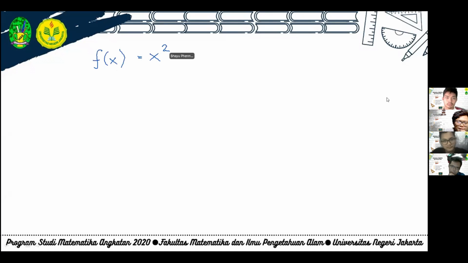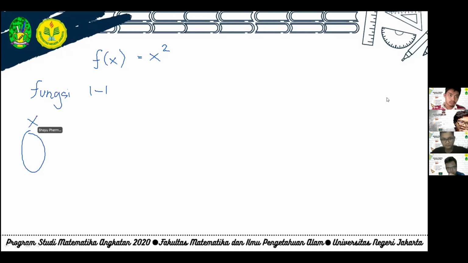And the definition of a one-to-one function is if x has one pair, x is mapped to one value.